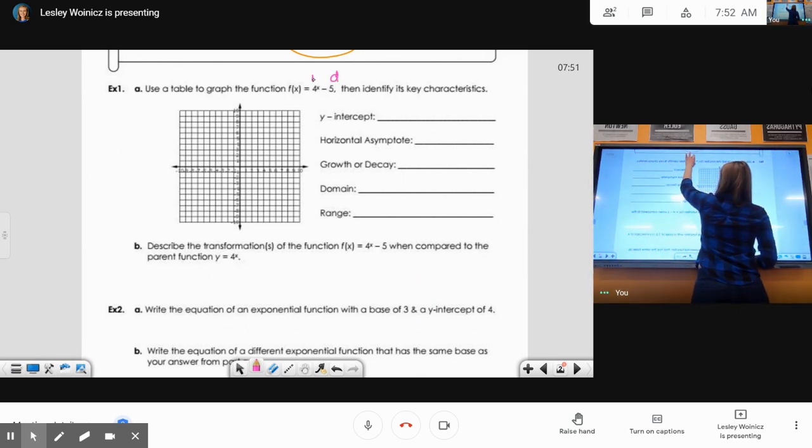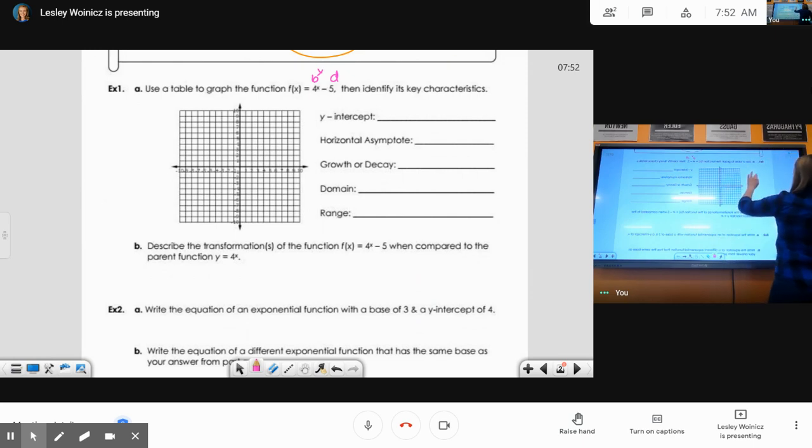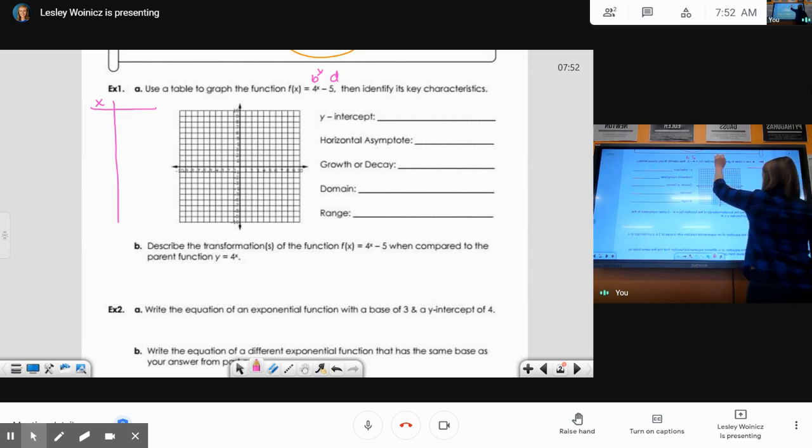This is b to the x, right? So it's multiplying by 4, and it's shifted down 5 units. So instead of doing f of x, we're just going to do 4 to the x, and then we're going to worry about the minus 5.